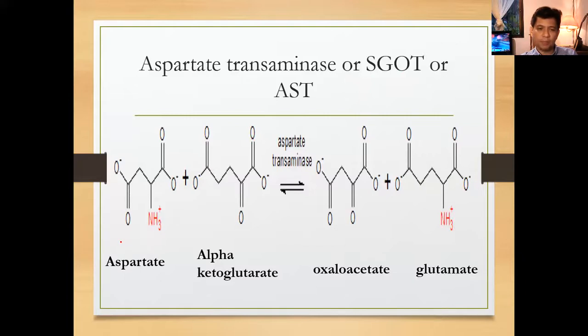Itong aspartate naman, yung R ng aspartate ay CH2COO-. This is CH2, this is COO-. Papalitan niyo lamang tong NH3+ ng double bond O, and then you have the oxaloacetate. So OA, oxaloacetate, aspartate. So that's how to draw the structure of oxaloacetate from aspartate.